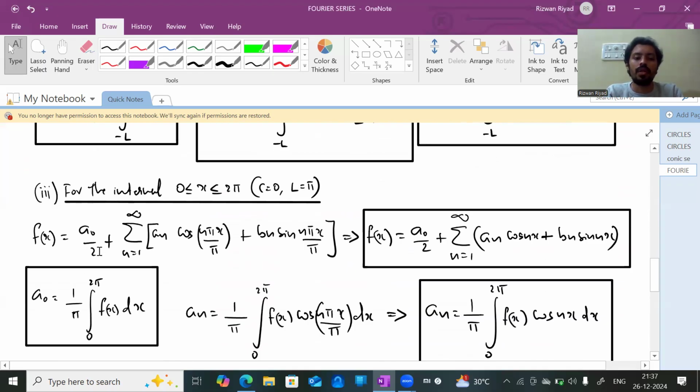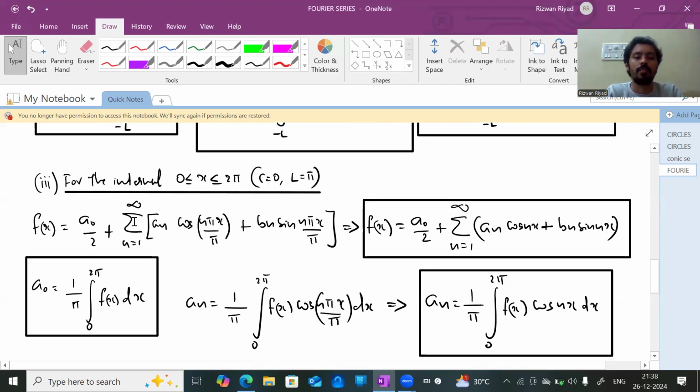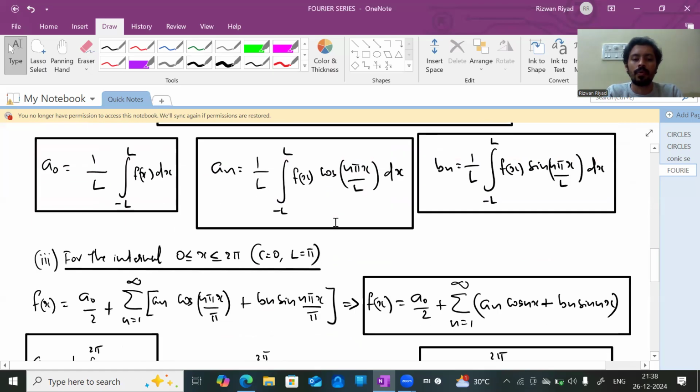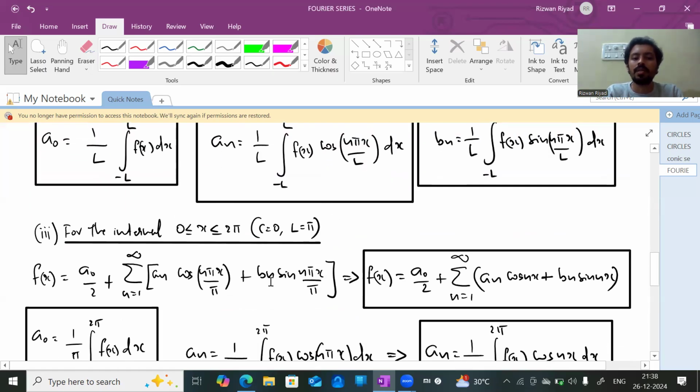Now you can see small changes in the expression of the Fourier series. f of x equal to a0 by 2 plus sigma n equal to 1 to infinity an cos n pi x by L becomes cos n pi x by pi because L is pi. So this L becomes pi now, plus bn sin n pi x by L, where L also becomes pi.